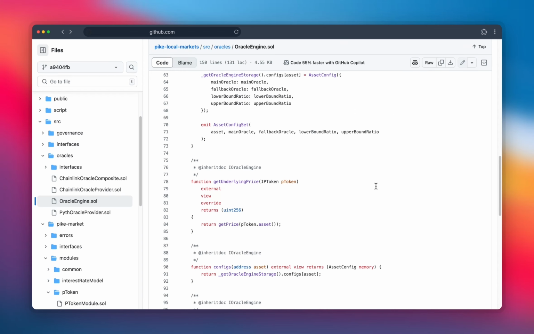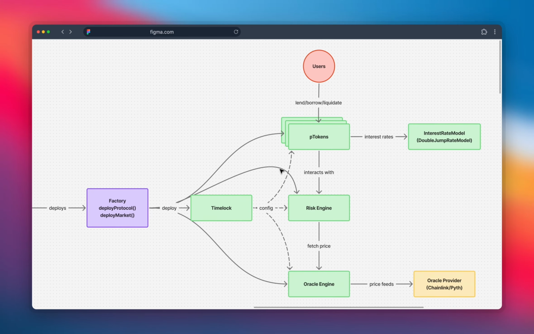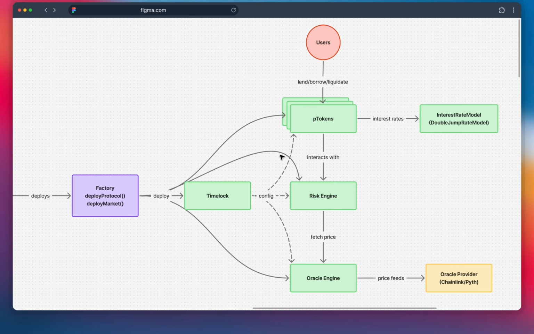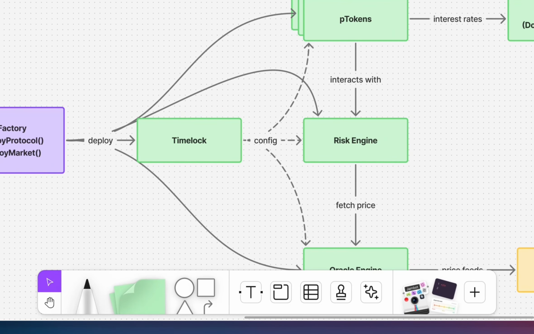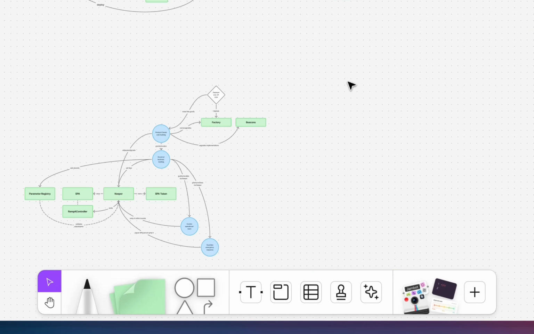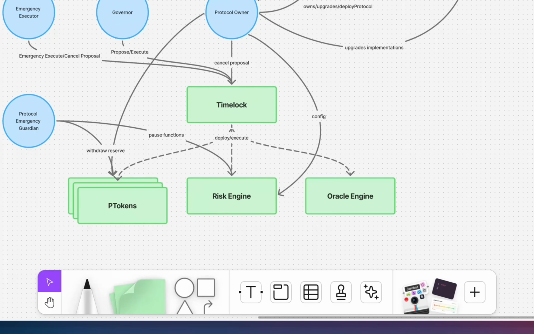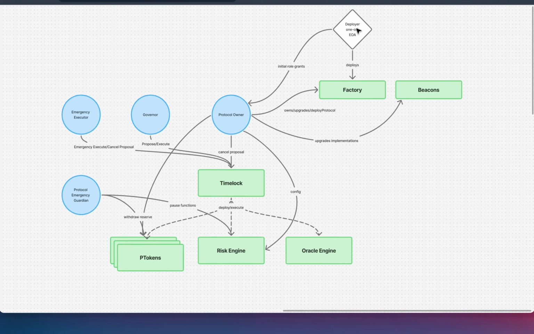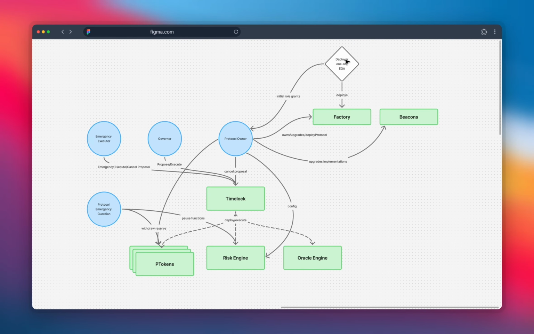The next one is governance and roles. You can see it right here. The governor proposes via time lock and can execute after the delay.